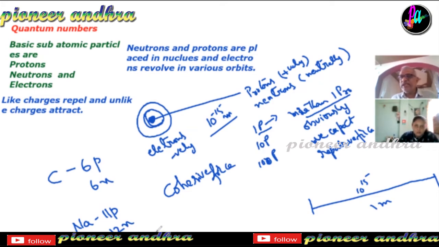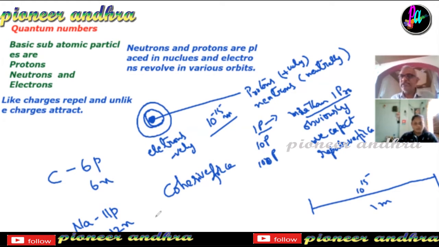The number of neutrons may be more than the number of protons, not less than that. Most of the time, the neutron number will be more than the proton number. In very few cases, you can find the number of neutrons less than the number of protons. It is very rare, so you need not mention that case.